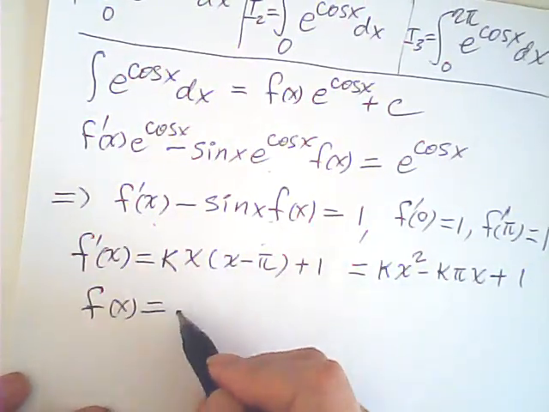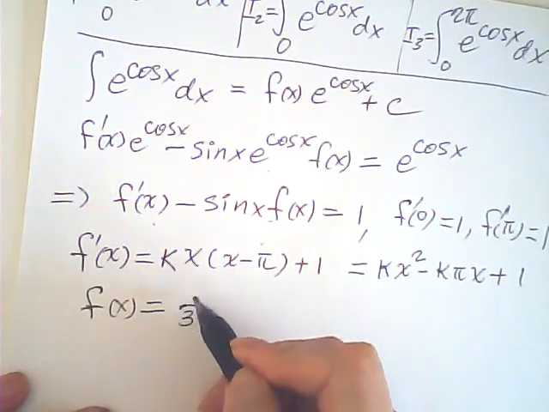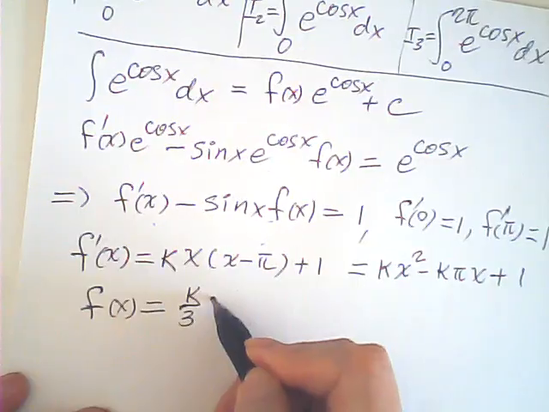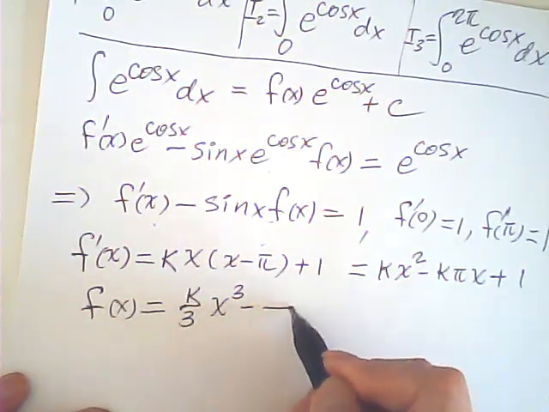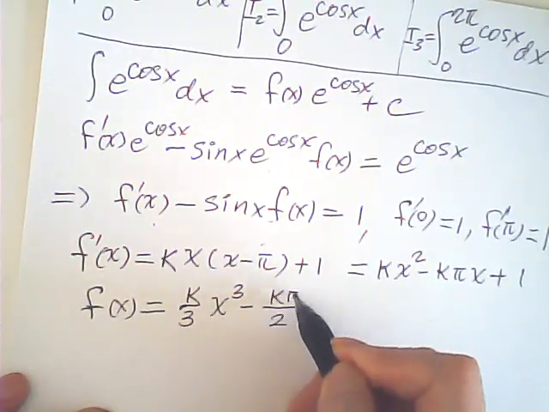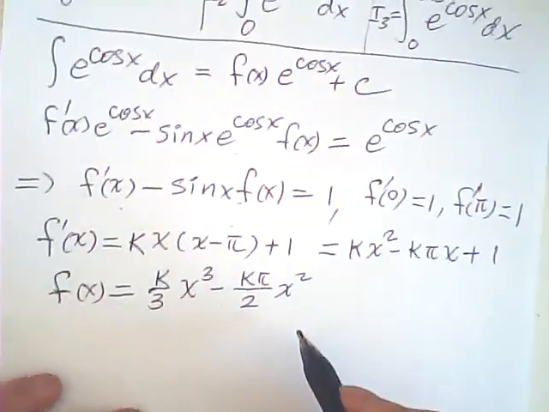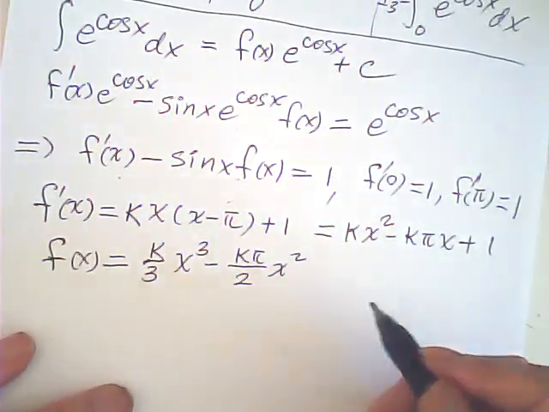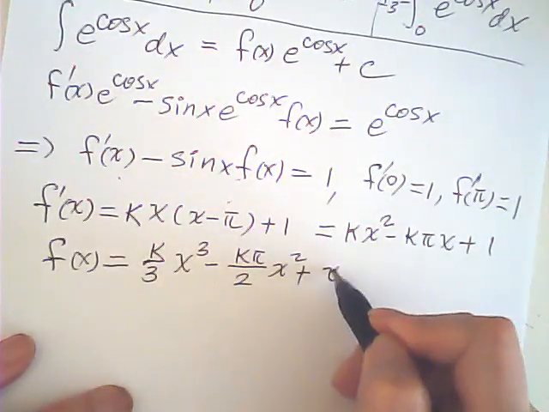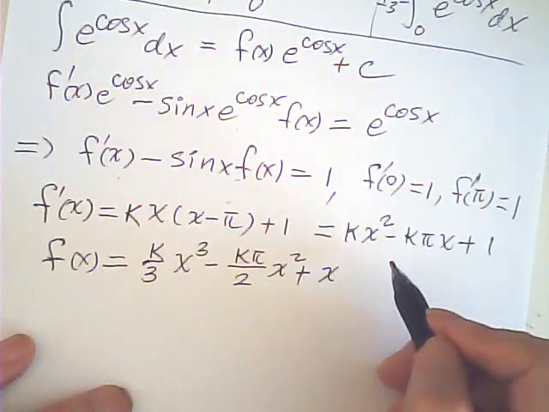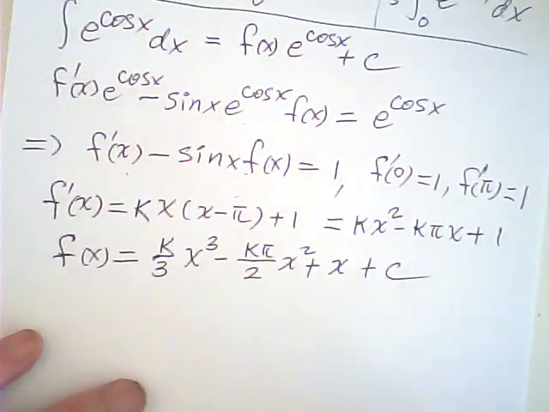So we get k over 3 x cubed minus half k pi x squared plus x, and plus c.